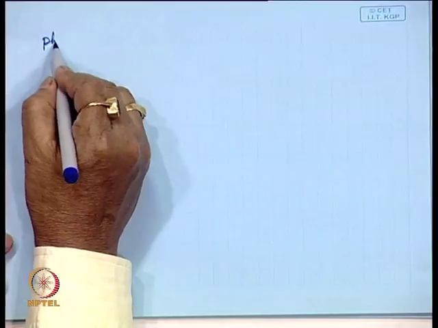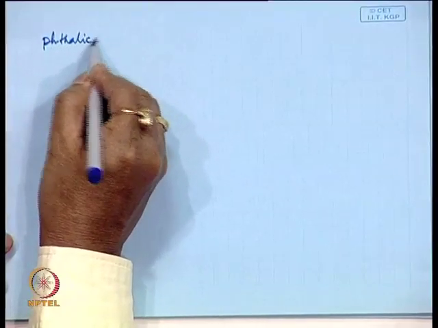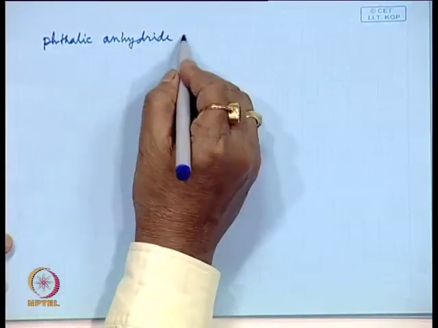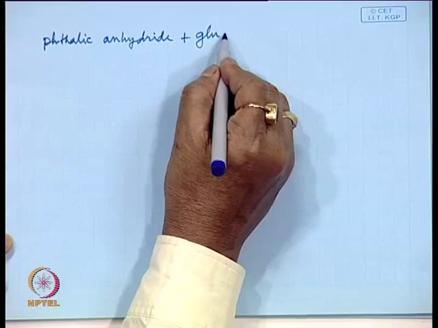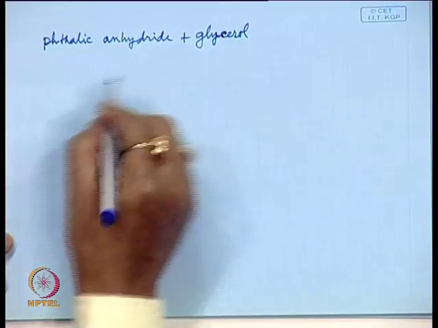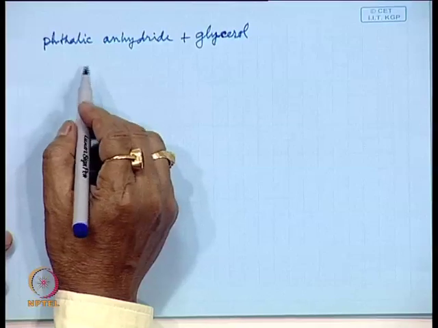Say, for example, if you polymerize phthalic anhydride and glycerol, what is the formula of phthalic anhydride?